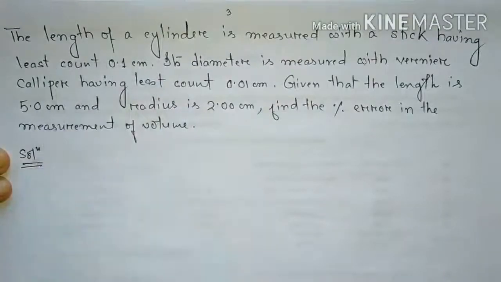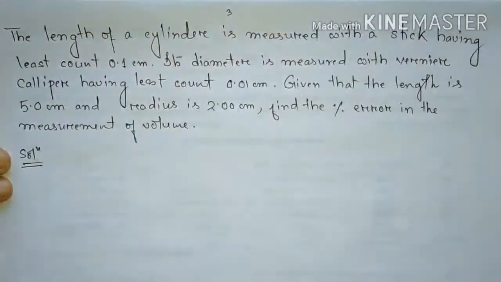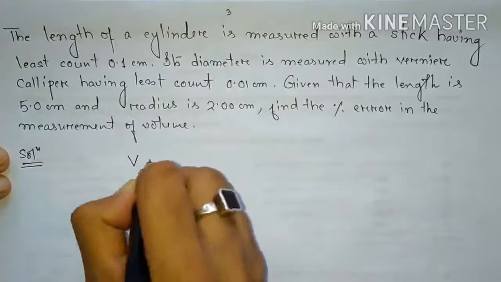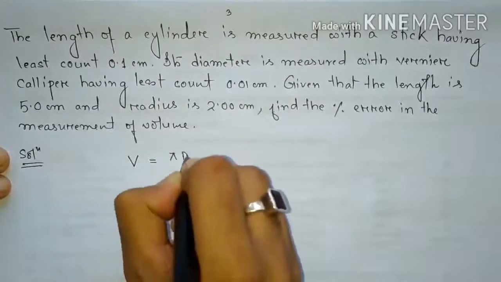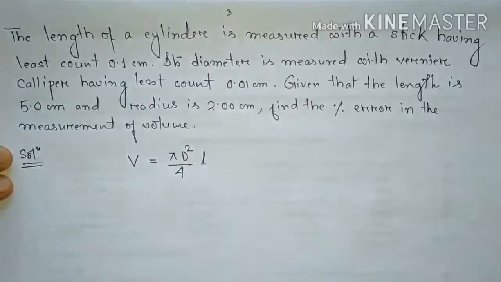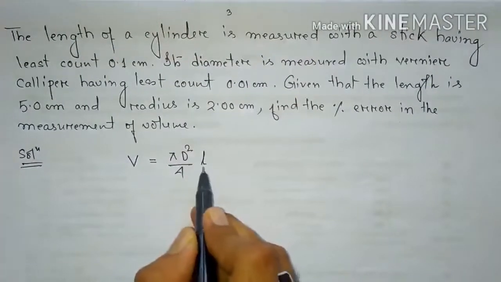Now the length of a cylinder. So the problem is all about a cylinder. Now the expression for volume of a cylinder is V equal to pi D square by 4 into L, where L is the length and D is the diameter.